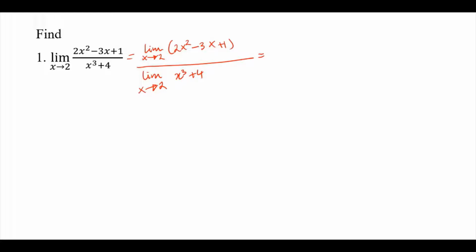So in this case, we have a polynomial. So the limit of addition and subtraction of functions is basically the limit of each of these terms individually.